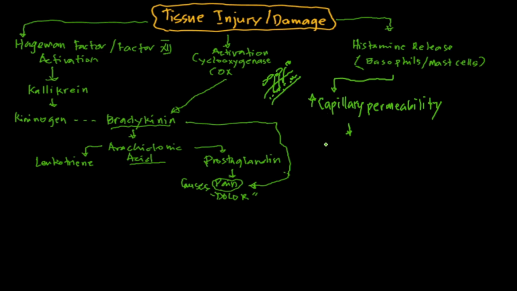Because of increased capillary permeability, there is exudation of plasma proteins. There might also be fluids that go out from the intravascular portion, within your blood vessels, into the surrounding tissue.